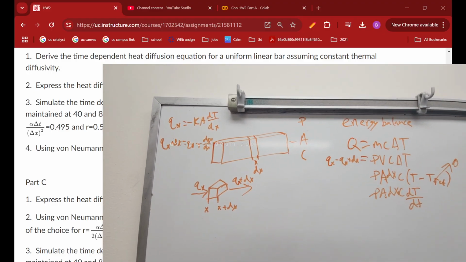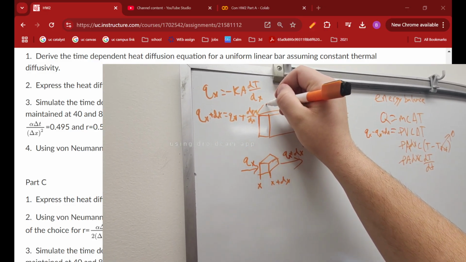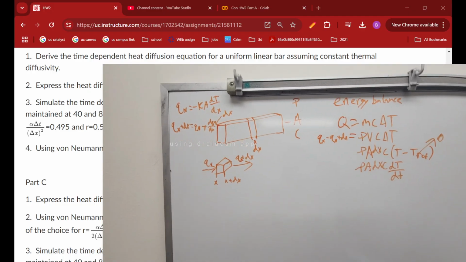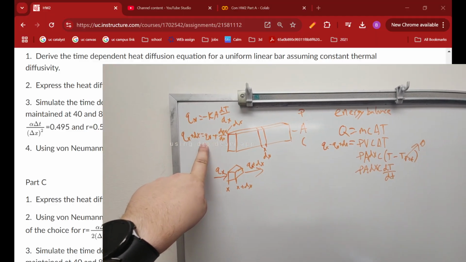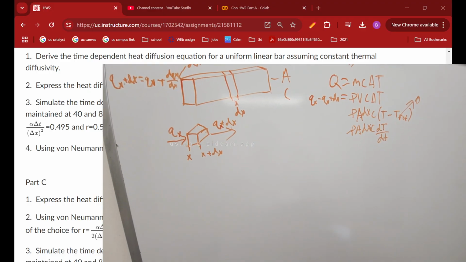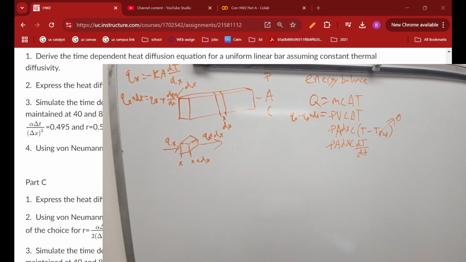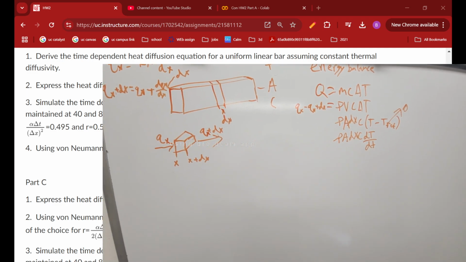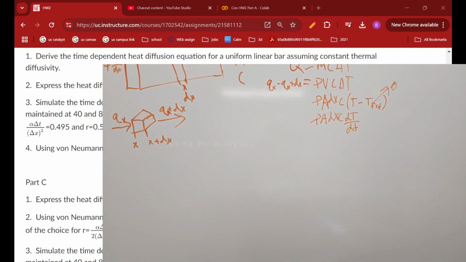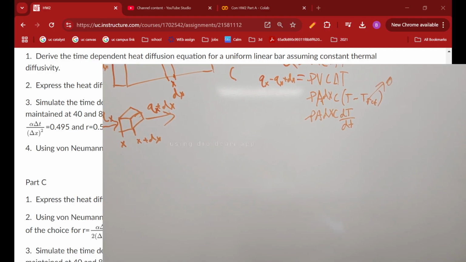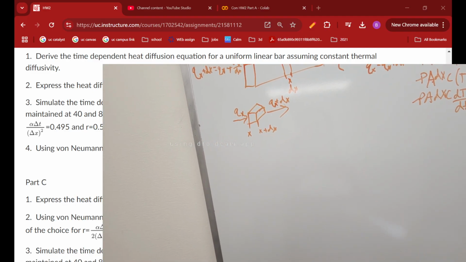Oh, I'm running out of space, but we'll just put it like this. So now we can take this and plug it back in here, which would give us something, Qx.